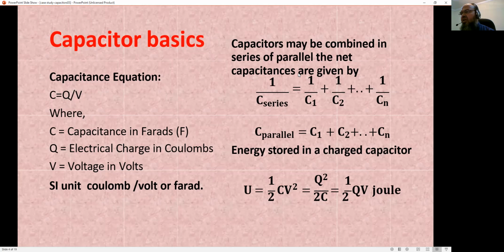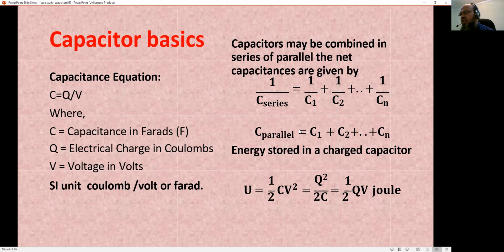When they are combined in series and parallel, then the formulas are totally opposite to those of the resistances. If you remember, for series resistances you have R is equal to R1 plus R2 plus R3, but here you have 1 by C series equal to 1 by C1 plus 1 by C2, and so on up to 1 by Cn if n capacitors are connected in series.